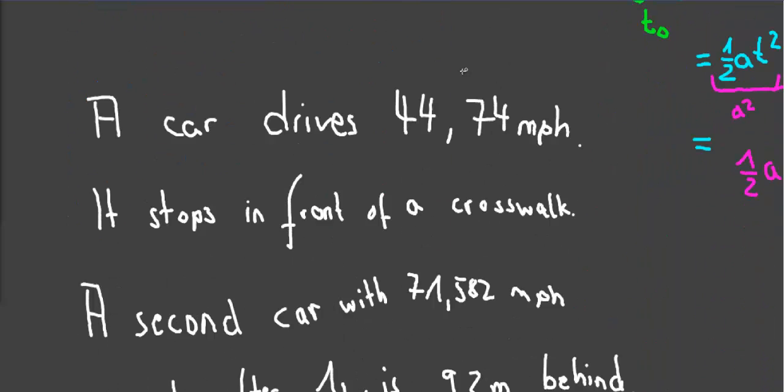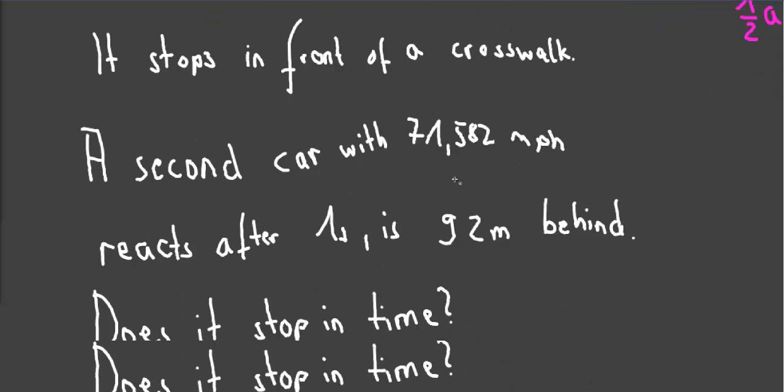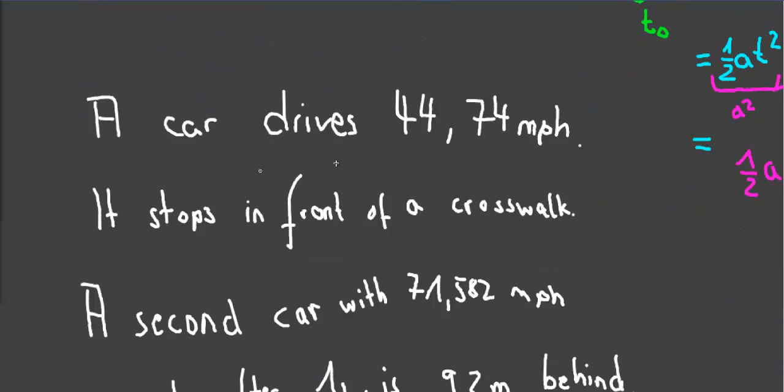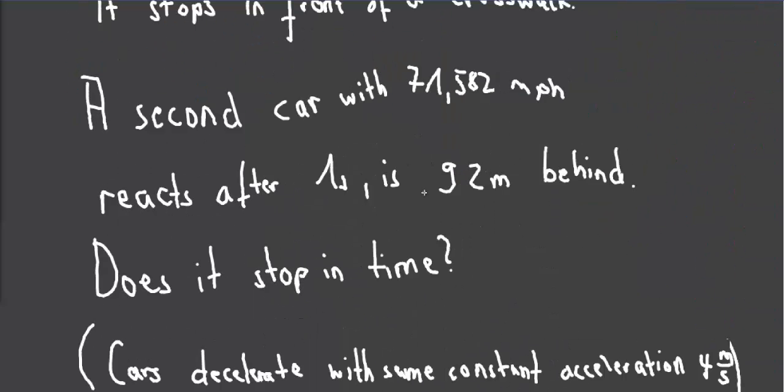I've given you a task: a car drives 44.74 miles per hour. It stops in front of a crosswalk, and the second car is now coming with 71.582 meters per hour, and it only reacts 1 second after the first car has started braking, and it's 92 meters behind the first car.